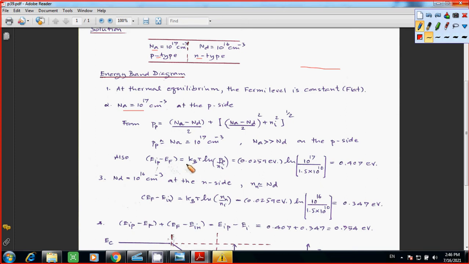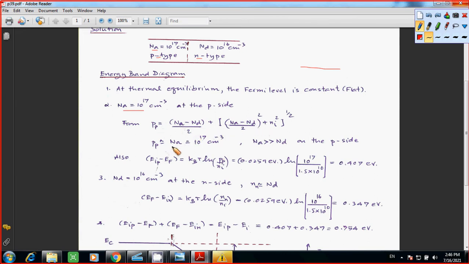That is equal to kBT ln of the majority concentration of p-type material over Ni, the intrinsic concentration. And what you need is the PP, right?